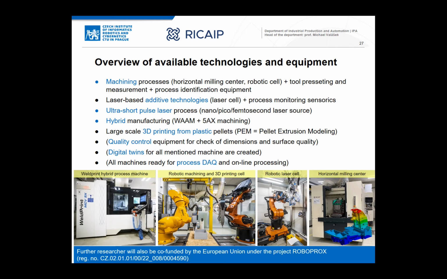There is another type of programs we have to solve, because programming robots is a completely different story from machine tools. This machine tool is also for hybrid production, so it combines different processes in one working space. We also have equipment for tool presetting, for measurement of workpieces, and quality assurance.